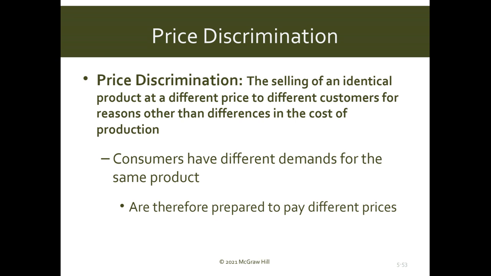Because some consumers want to pay a premium, a higher price, to have the latest model of iPhone. But after some time, let's say 3 or 6 months, the price is reduced. Why? For the same product, with the same cost of production. In order to capture those consumers who are not willing to pay that high price.